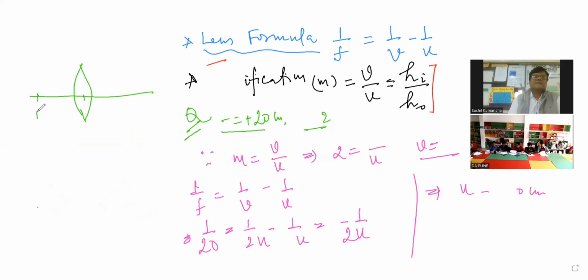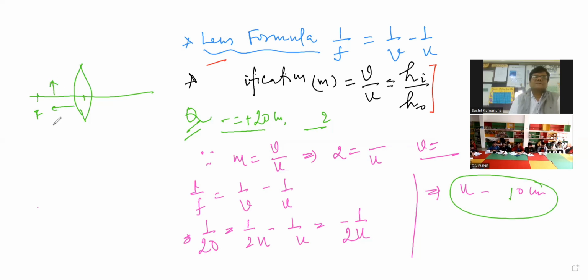Then mark this point as focal length, and focal length given is 20 centimeter, right? And then the object is placed at 10 centimeter. So if f is 20, the position of object will be exactly at the midpoint.